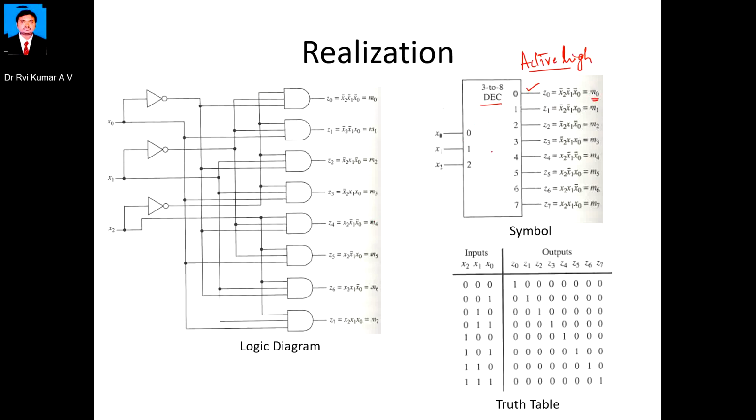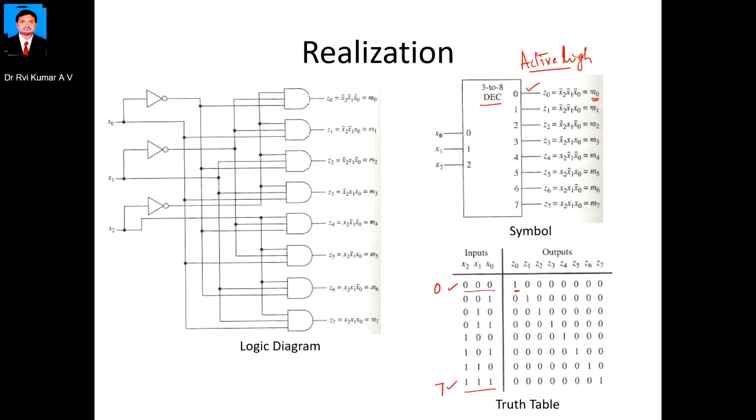Here in the 3 to 8 decoder, we have the 3 input combinations from 000 to 111, so that is 0 to 7. Whenever an input is applied to the decoder, the corresponding one of the outputs responds as logic 1.